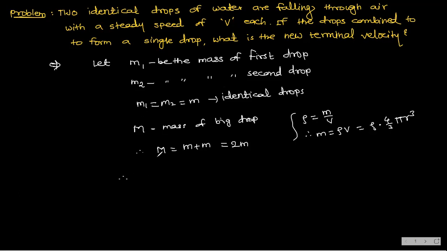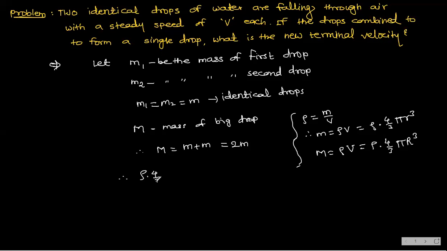And similarly, this capital M is equal to rho into capital V, that is rho into 4 by 3 pi capital R cube. Why? Because this is a combination of two small drops. That's why its radius is a little bit big. That is what I have assumed as a capital R.